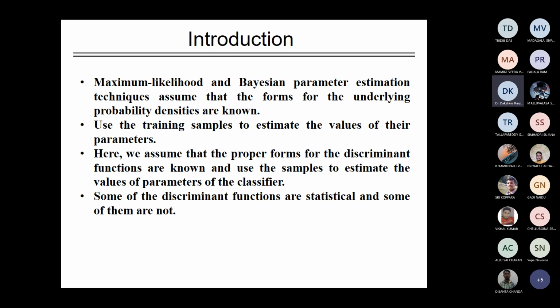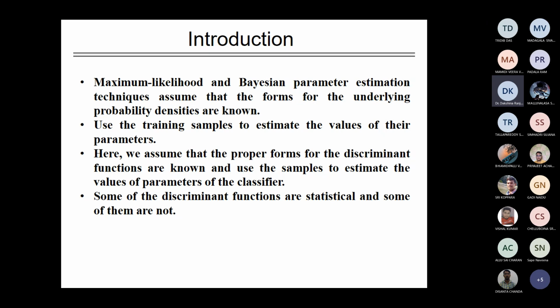Now we can use the training samples to estimate the values of these parameters. If we want to estimate the values of a certain number of parameters, then we can use the training samples in both maximum likelihood and Bayesian parameter estimation.